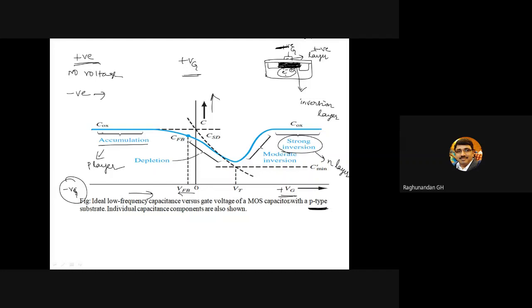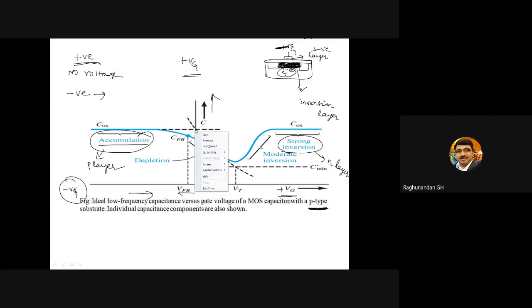So when you have negative gate voltage, the capacitance you obtain is obtained by artificially creating a P layer.